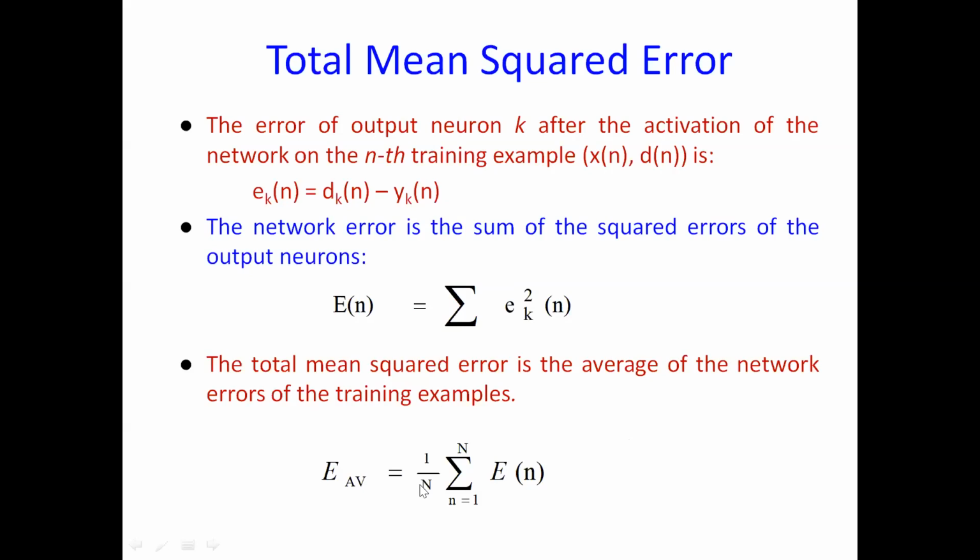If we have capital N training examples, then this small n, the nth training example, runs from 1 to capital N, and we take the average, 1 by N, of En, the network error. So this is what the total mean squared error is all about.